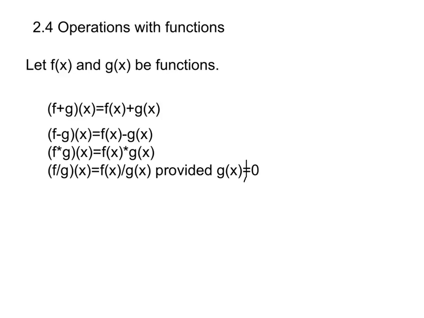And the reason that g cannot be 0 is because we'd be dividing by 0, and that's undefined. We know that we cannot divide by 0, so we want to avoid that.